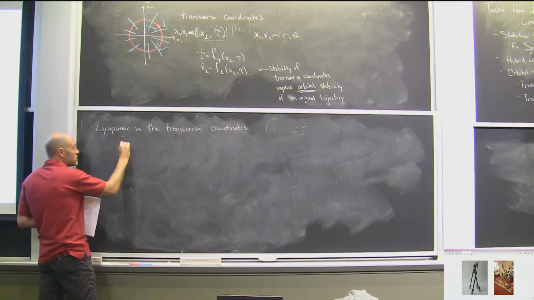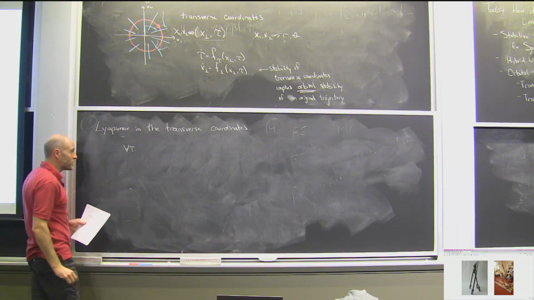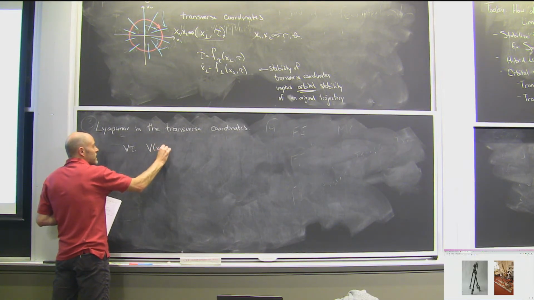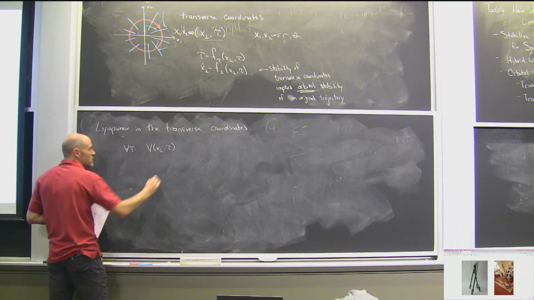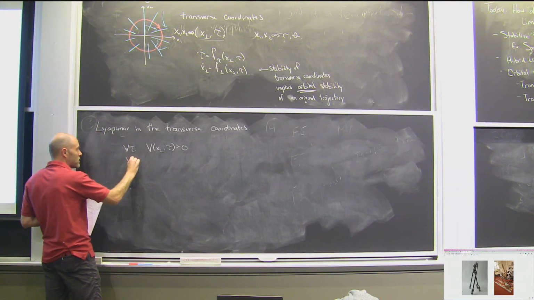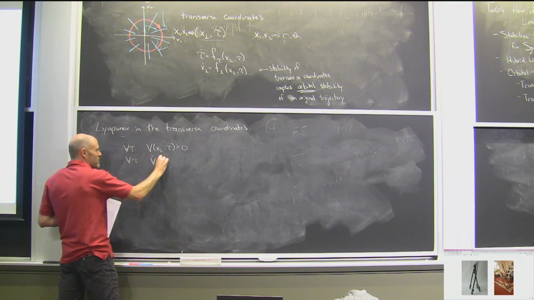The argument is roughly: if I can find a positive v such that for all tau, v(x perp, tau) is greater than 0. I'm using my shorthand. This is the middle length treatment here.